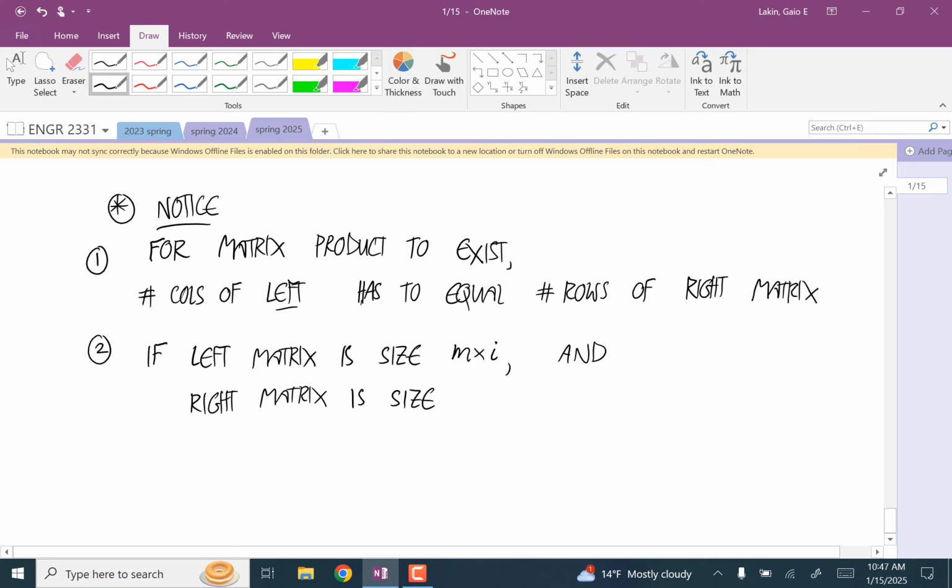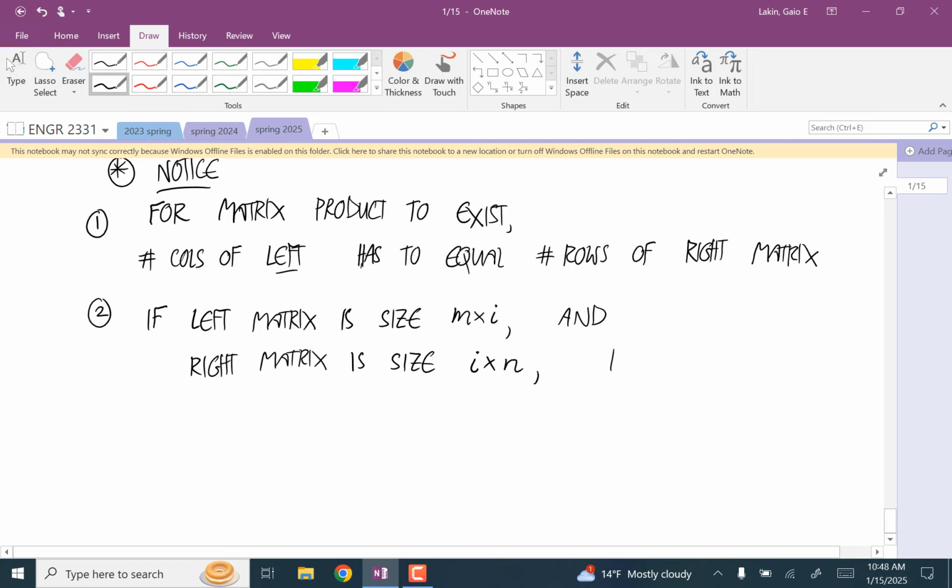Which one would that be? I didn't hear that, but I'm going to assume, yeah, I, that's right. So the right matrix would have to be I by something. Let's say that it's I by n. Then the product matrix is m by n. It's easy if these are square matrices: if they're the same size, you can multiply them, and the output is going to be a square of the same size.